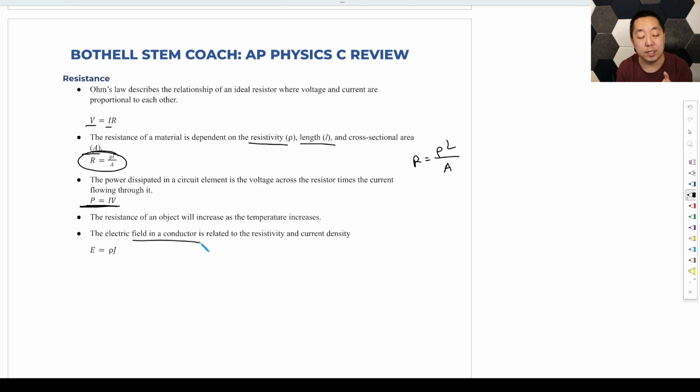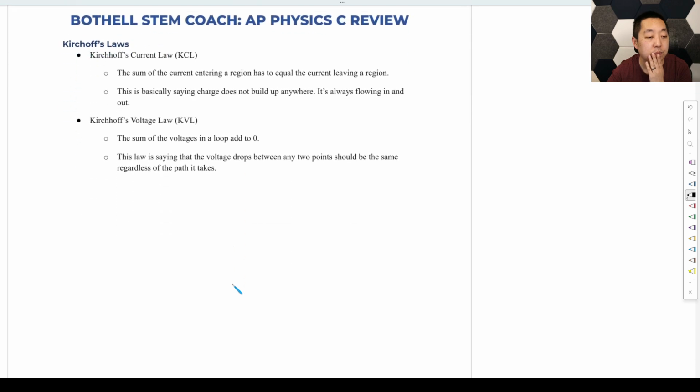Electrostatics is when everything settles, but in a circuit, we are applying a voltage and an electric field to cause the charges to move. And so the electric field is actually proportional to resistivity times the current density. That's just something you can think of as a factoid. We could derive that, but just imagine this is really just telling you that there is an electric field and it's causing the current.